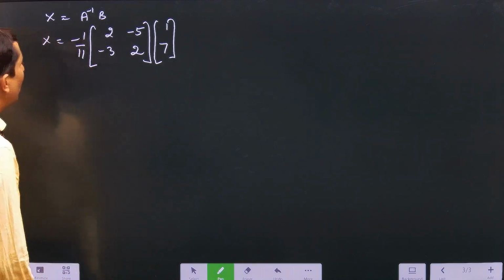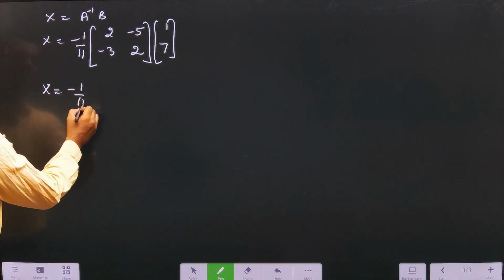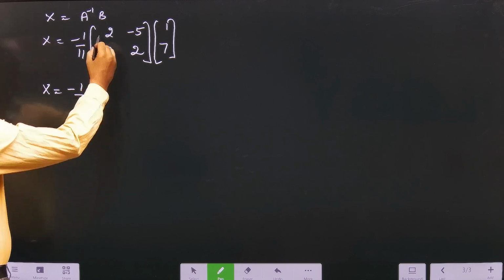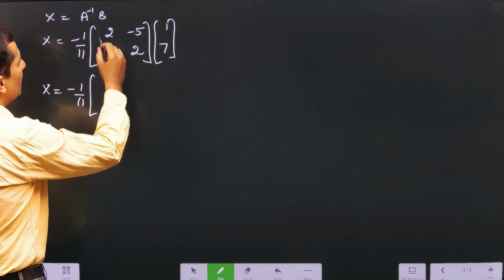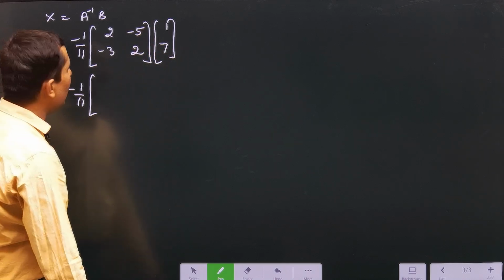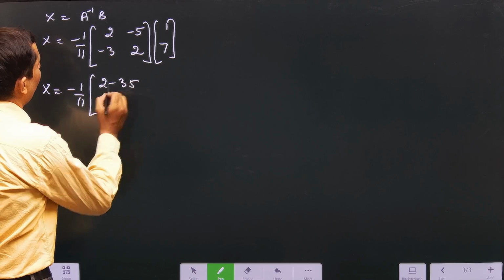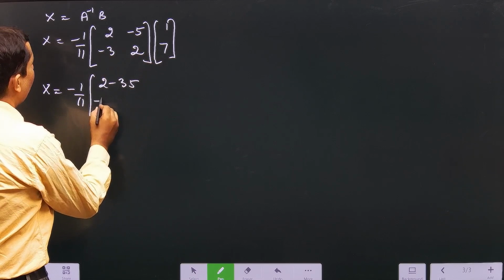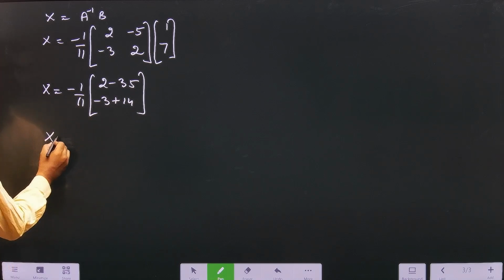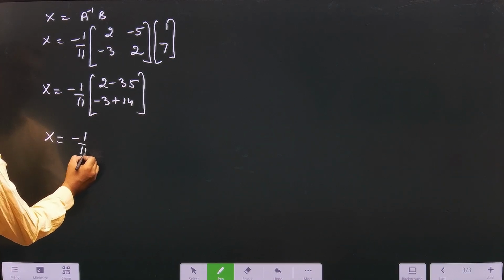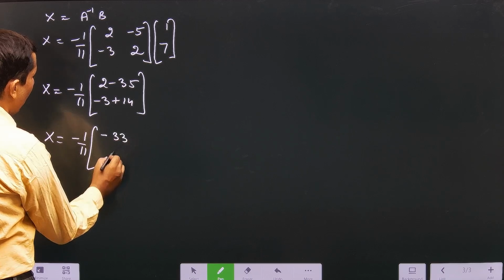Now doing the multiplication, X is equal to minus 1 upon 11 into row R1 multiplied with this column. It is the post multiplication case; matrix multiplication is based on post multiplication. 2 minus 35, and the second row minus 3 plus 14. Then X is equal to minus 1 upon 11 into minus 33 and 11.